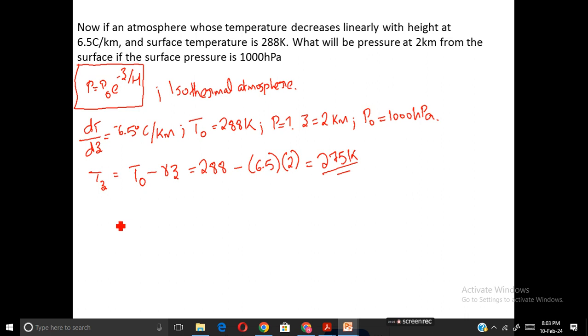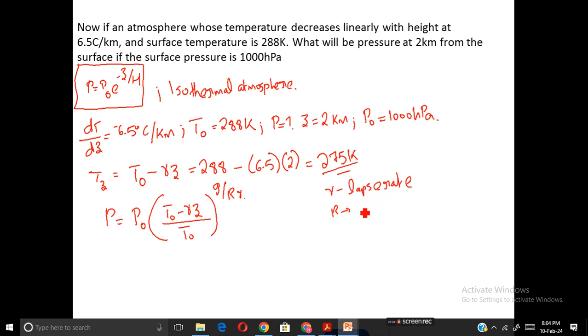So the equation for it is basically P, which is the pressure at height Z, is equal to P0 into T0 minus gamma Z, which is basically Tz by T0, raised to G by R gamma. So gamma is the lapse rate. I think all other quantities you know.